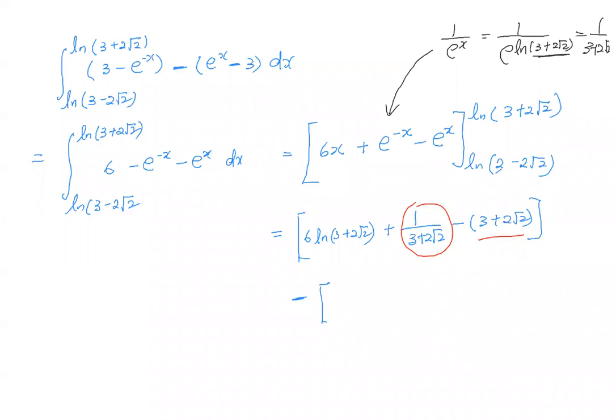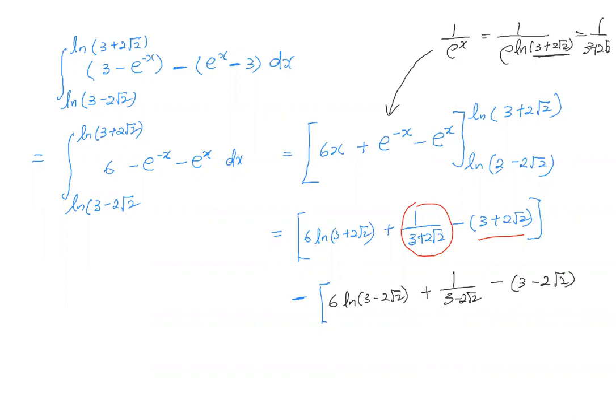Okay, so the next one you substitute with this one. So I will have 6 ln(3 - 2√2) + 1/(3 - 2√2) - (3 - 2√2).